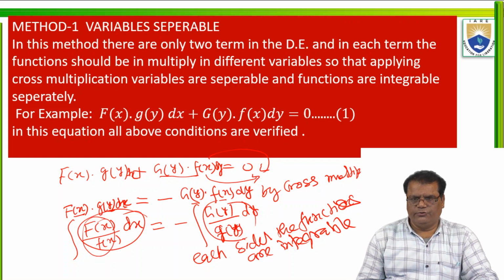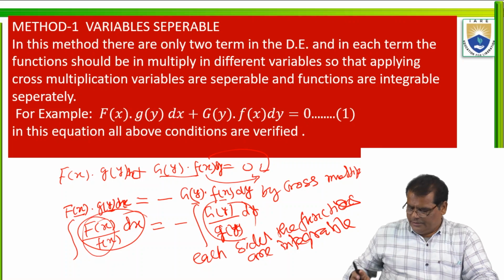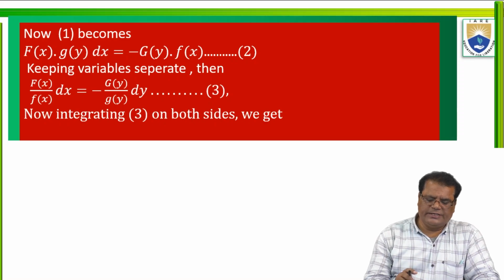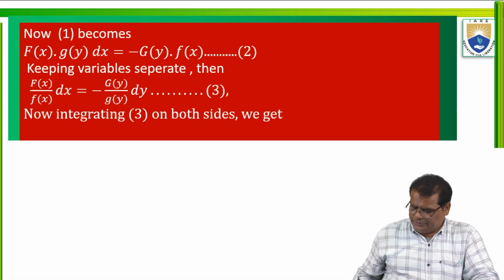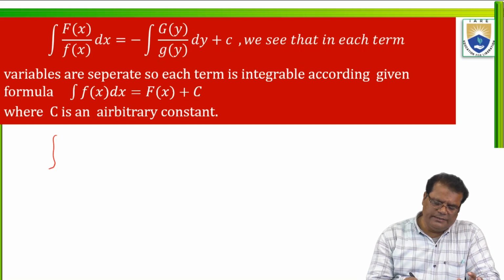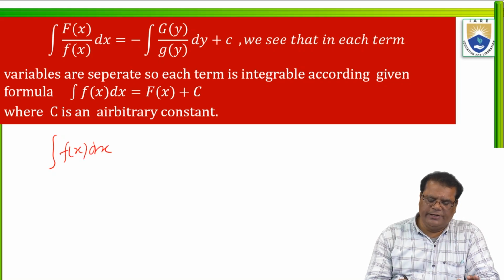Okay. Here is a total function of y, and now I am writing this type. Next, integrating on both sides. The basic formula of integration: in any integration, the function is f(x) and dx. So this is an integrable function.